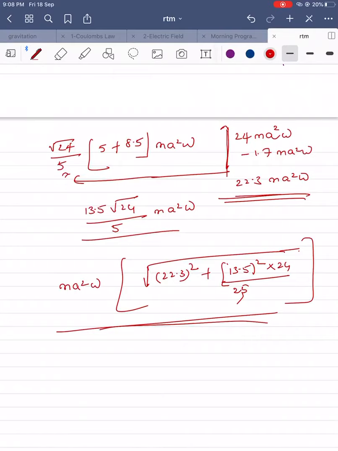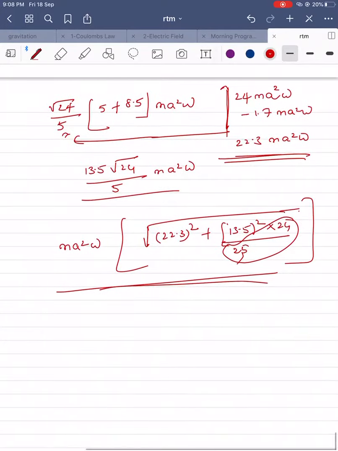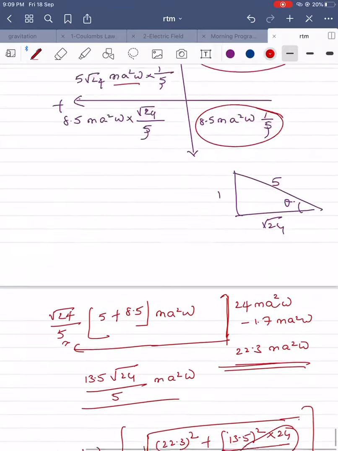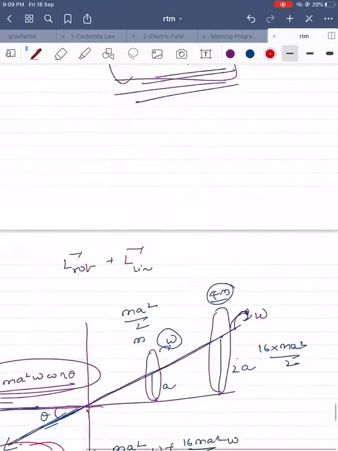In between these two you will get around 26, 27, because 24 by 25 is approximately 1. We can consider 22.3 whole square plus 13.5 whole square, so that can come around 26 or 25. Approximately this answer will be 27 m a square omega, this is my guess only, not the exact answer. This is the angular momentum, but the option given is not correct.